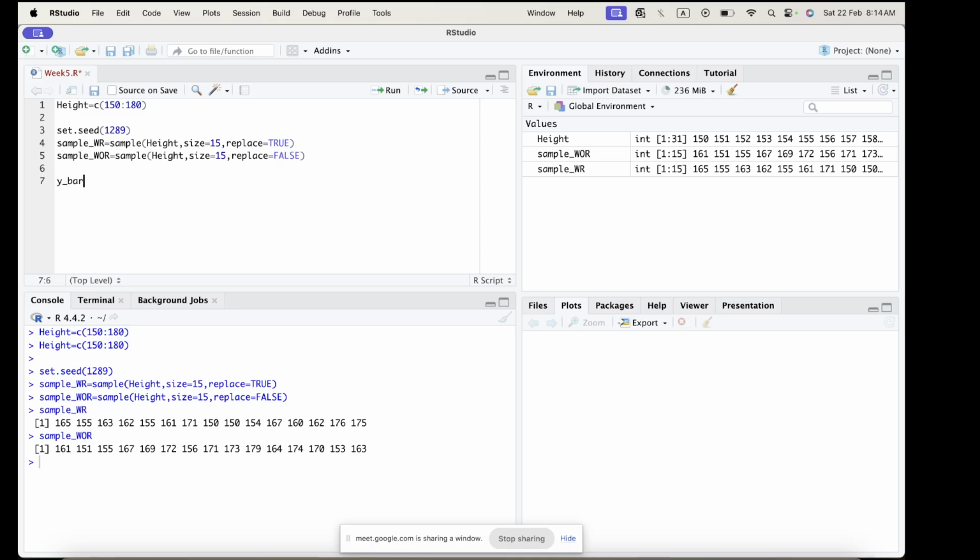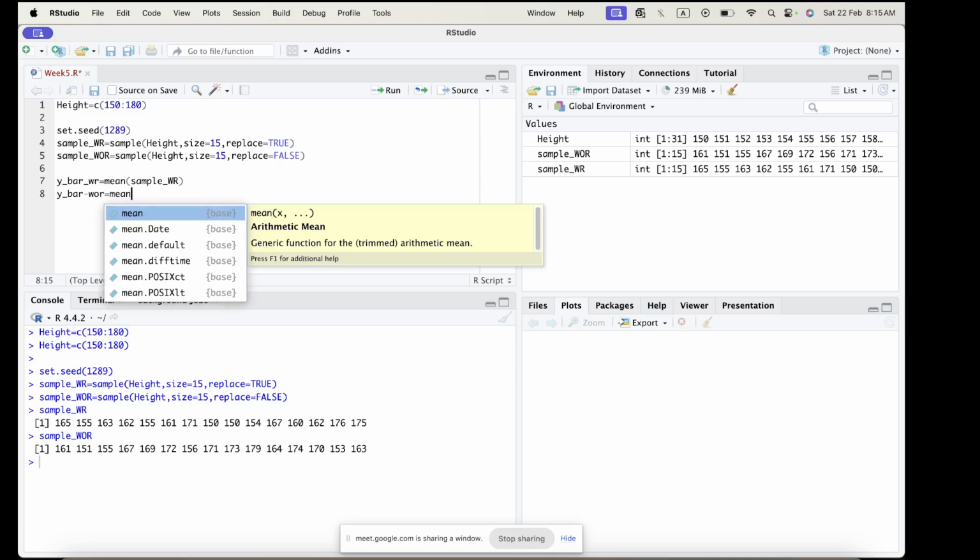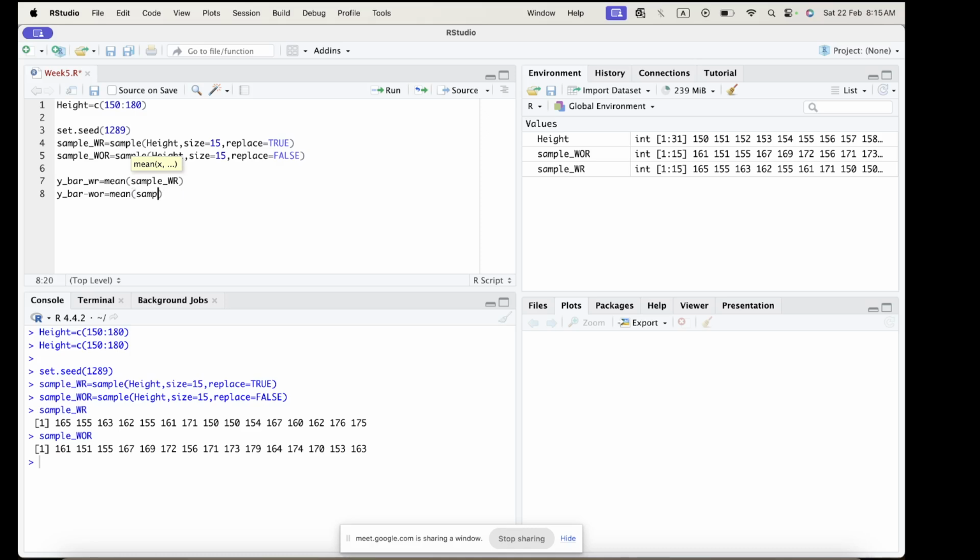Now if I want Y bar WR, I am going to write mean of sample WR, and Y bar WOR is mean of sample WOR.